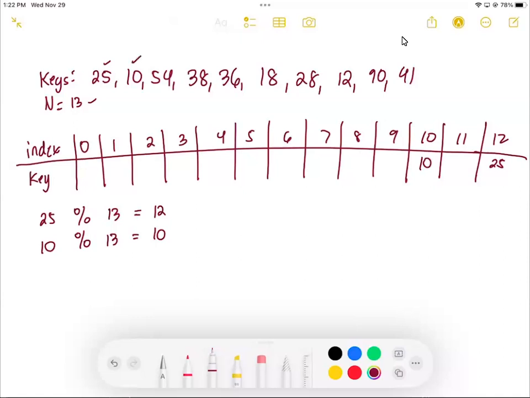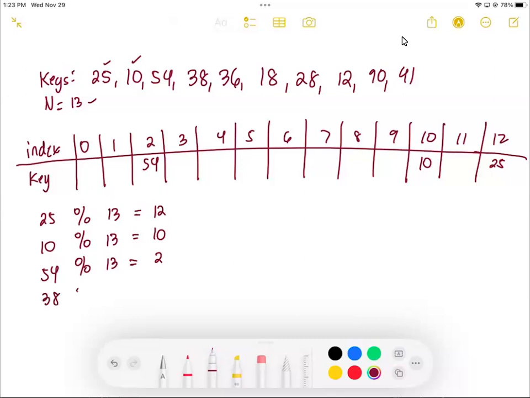Next we have 54. 54 modulo 13 is equal to 2. You can verify this in your calculators, the remainders. Now, 54 must be put in the second bucket. So we put 54 here. And next is 38.